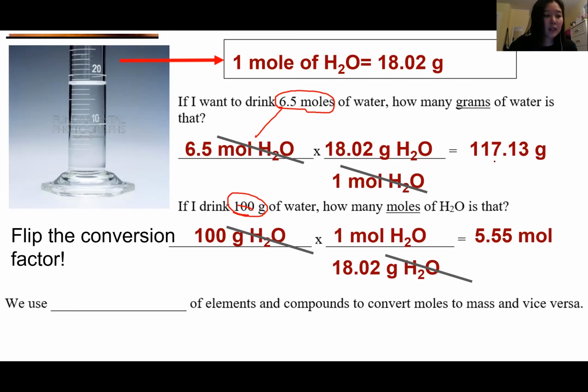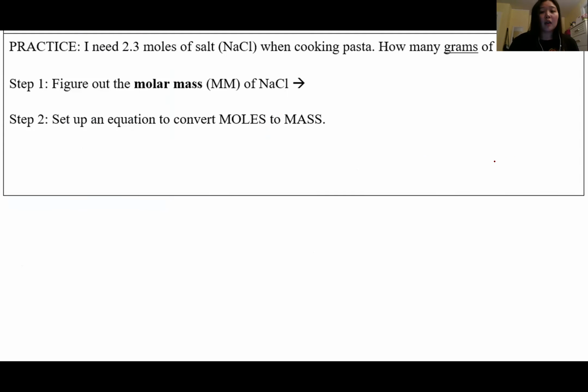So just like what I did here with these problems, you're going to use molar mass of elements and compounds to convert moles to mass and vice versa. So let's do 2 practice problems together. So here I need 2.3 moles of salt when cooking pasta. How many grams of salt do I need?